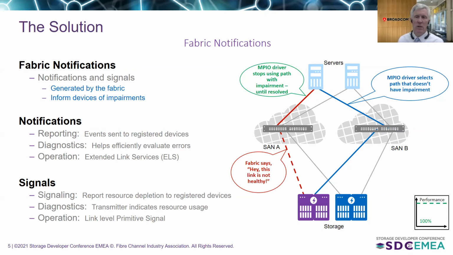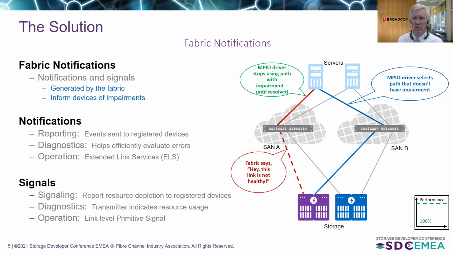Now that it knows that a particular path is suffering from an intermittent physical problem, it can make a better informed decision about what to do about the I/O going down that path. Since it's a physical error, it can simply say, I'm not going to use that path since I've got other usable paths, and it'll move the workload to the other active paths.